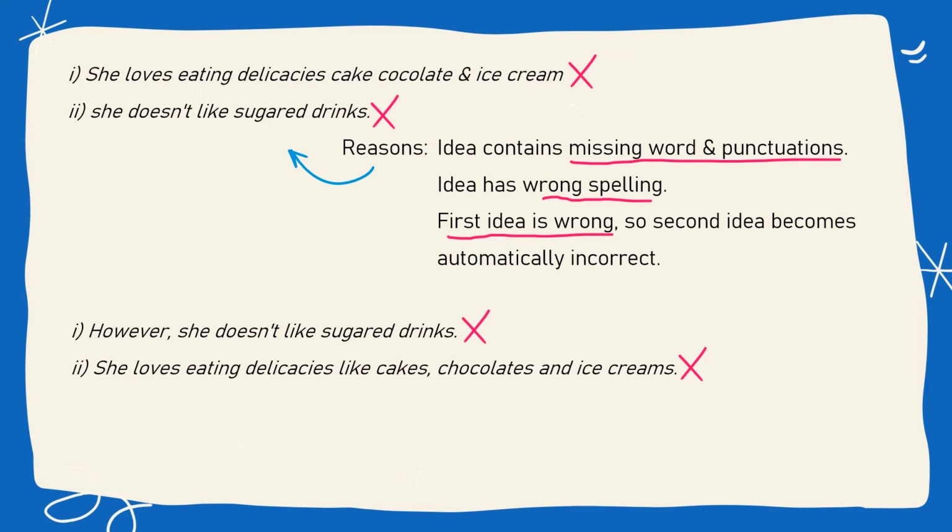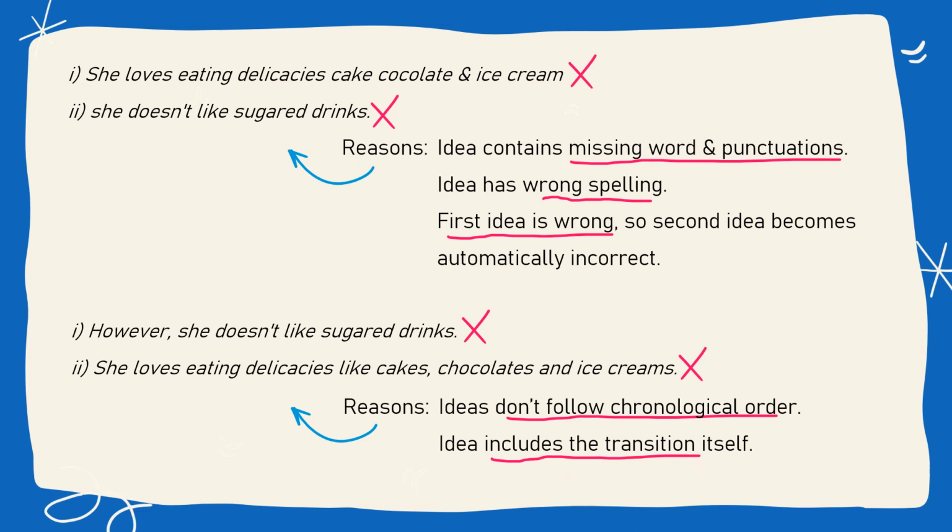It is the transition that connects two ideas. You are required to find the ideas. So by right, you should not include the transition in the answers or as the ideas. As mentioned, the ideas don't follow chronological order, and an idea includes the transition itself. That's why all these answers are wrong.